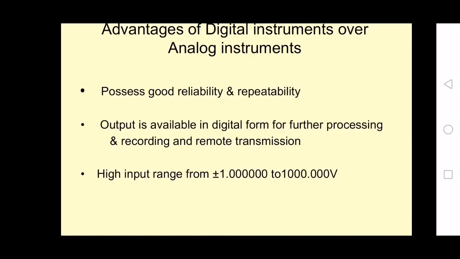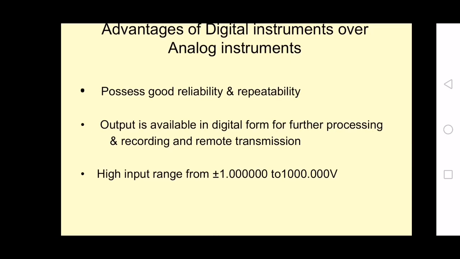So it possesses good reliability and repeatability. Reliability is also a major concern: in different operating conditions and after some aging also, reliability of these digital instruments will be more compared to analog instruments, whereas analog instruments after some days will deteriorate, and their performance will be degraded. Repeatability will also be good in case of digital instruments.